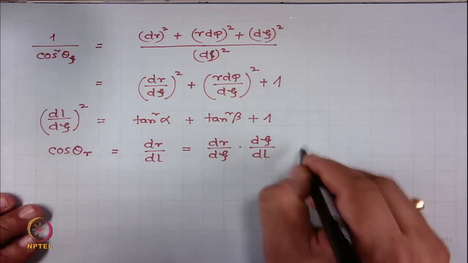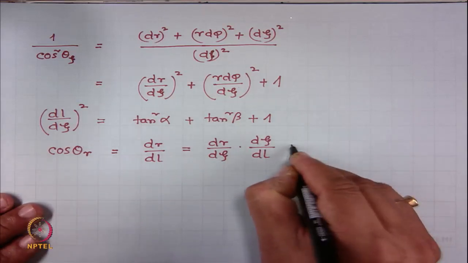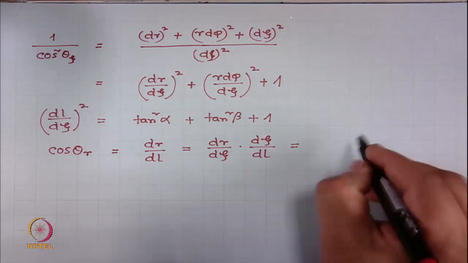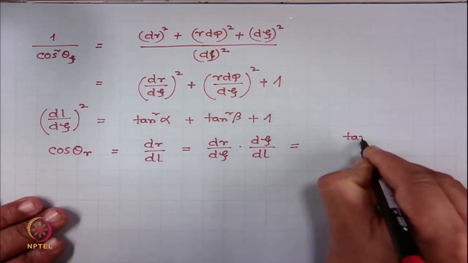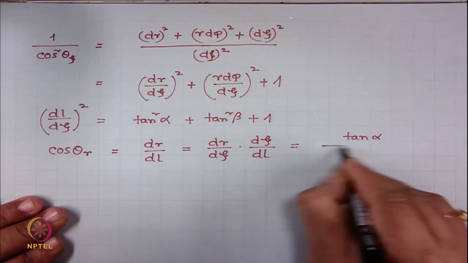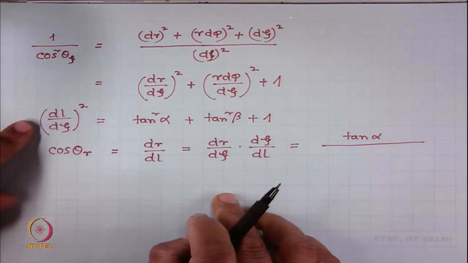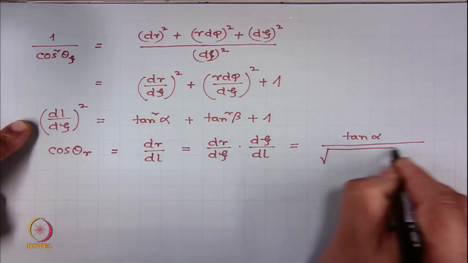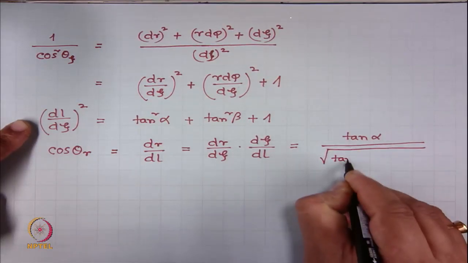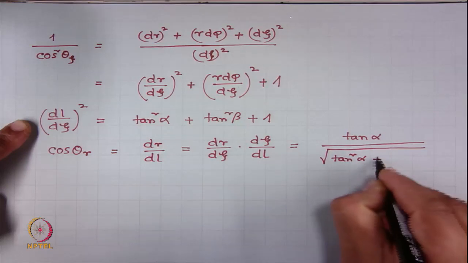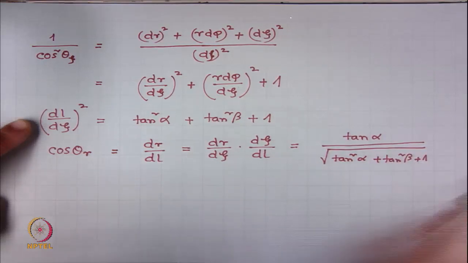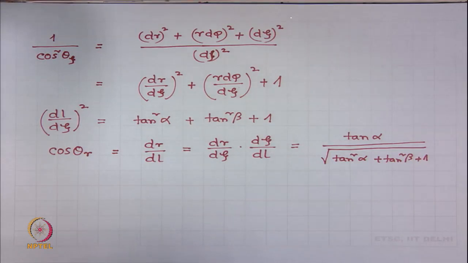Then what is your dr by d zeta? Tangent of alpha, and what is your dl by d zeta? It is the square root of tan square alpha plus tan square beta plus 1.